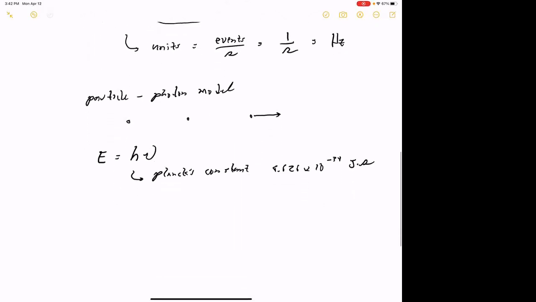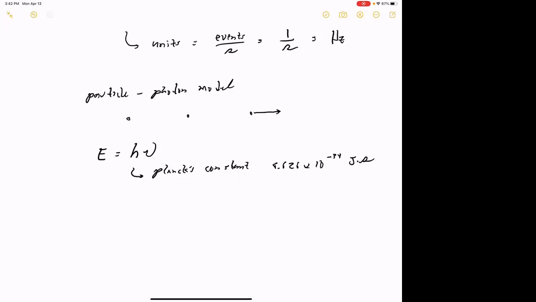Now, if you wanted to, you could convert this back into wavelength type units as well, because you know that nu is c over lambda. So you could also say that E is equal to h times c divided by lambda. And that puts the energy of the photon in terms of the wavelength, which is sometimes convenient to do. Okay. So again, these are two useful relationships that we can have when we talk about the energy of light.